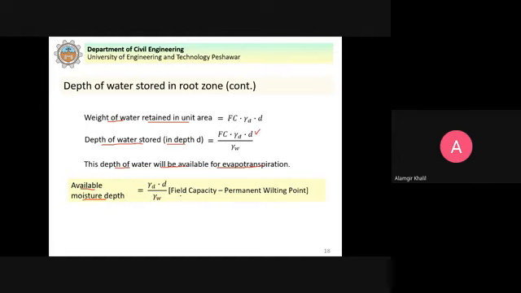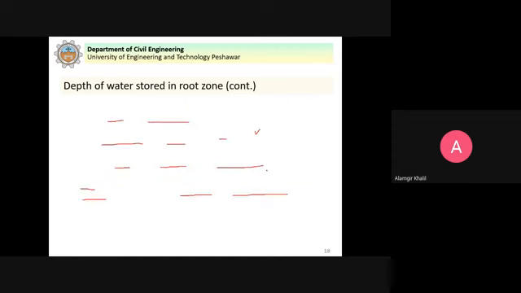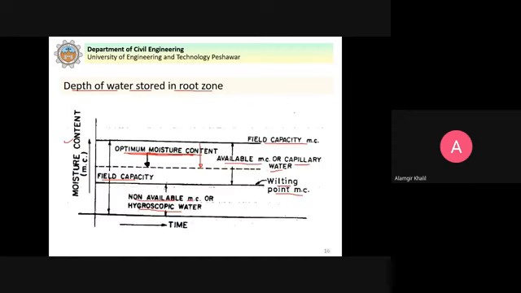times the field capacity that we write down here minus the permanent wilting point. Because you can see in this figure that the field capacity is this total distance here. This is the moisture content.